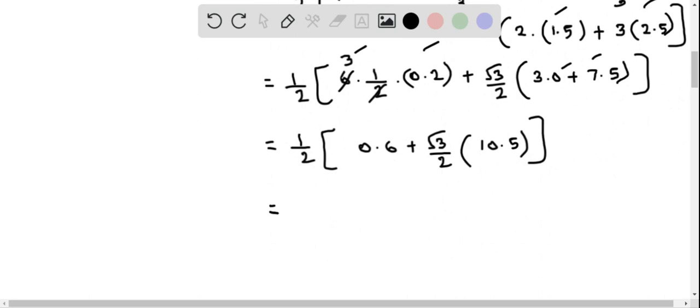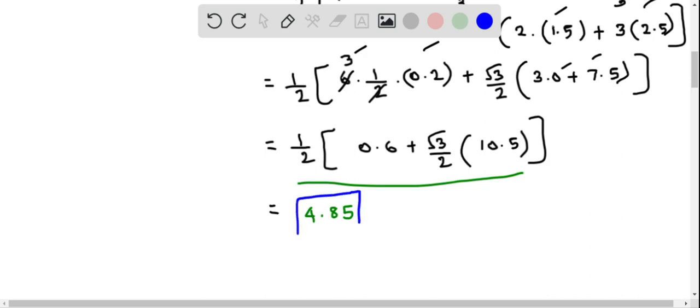We can now plug this expression into the calculator and find its numerical value, which is approximately 4.85, rounded to two decimal places. Therefore, the area increases at the rate of 4.85.